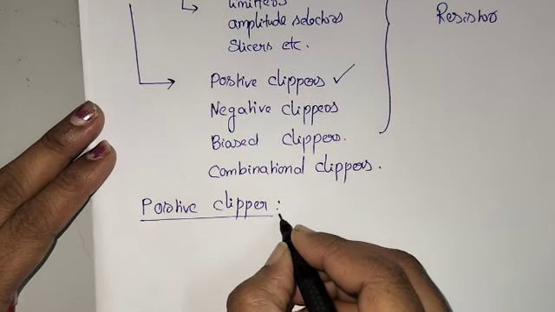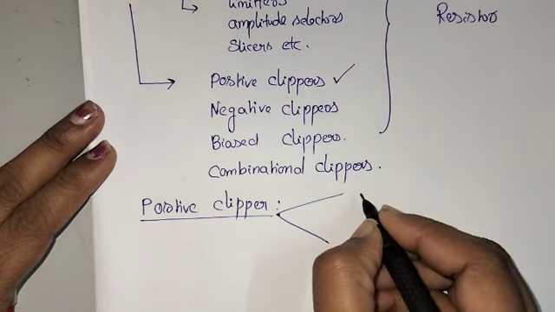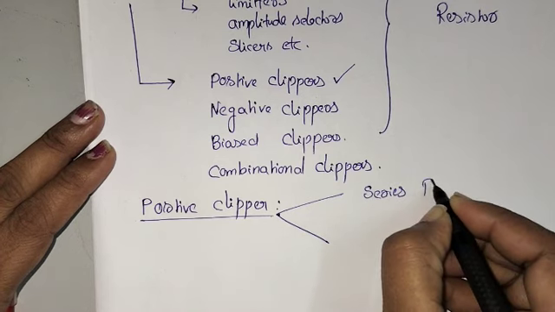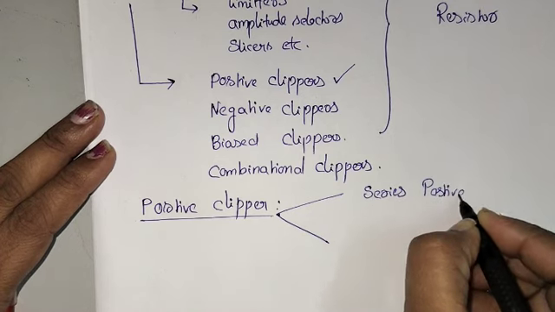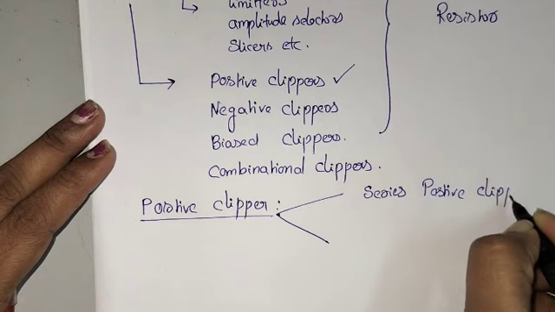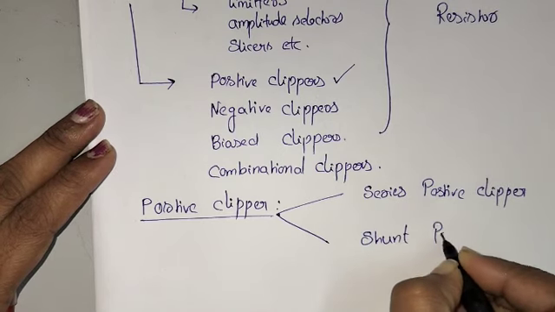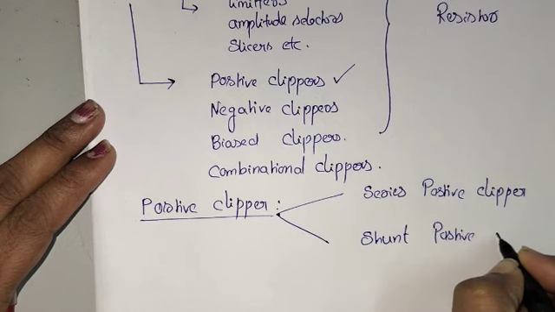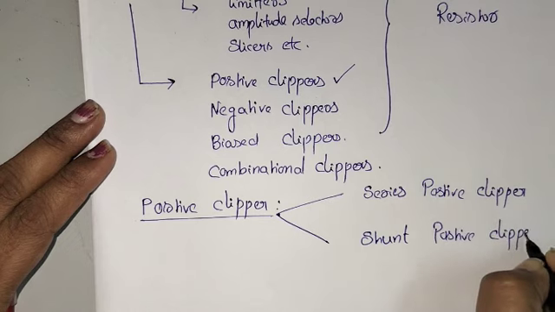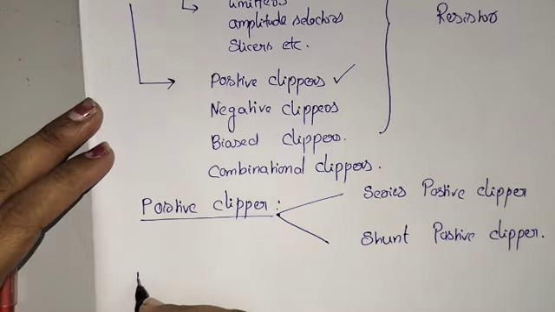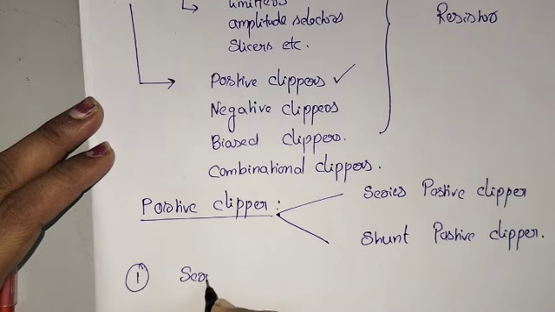Positive clippers are divided into two types: series positive clipper and shunt positive clipper. First one, series.